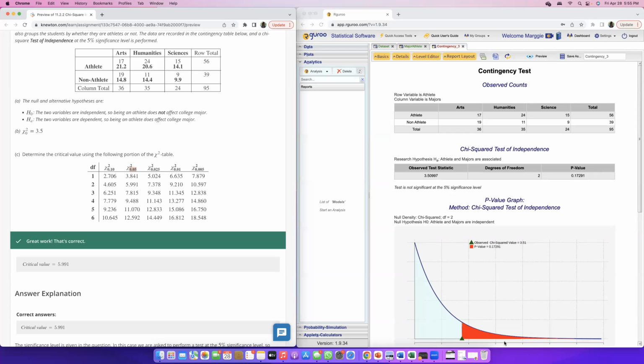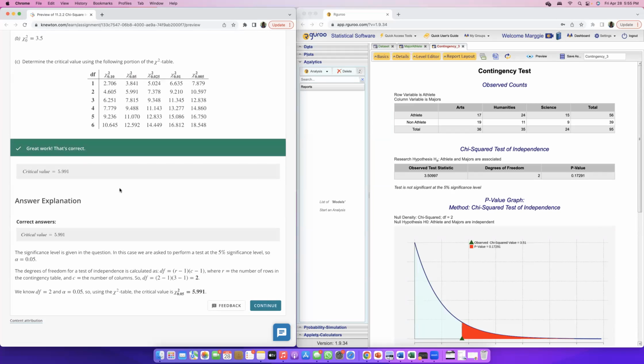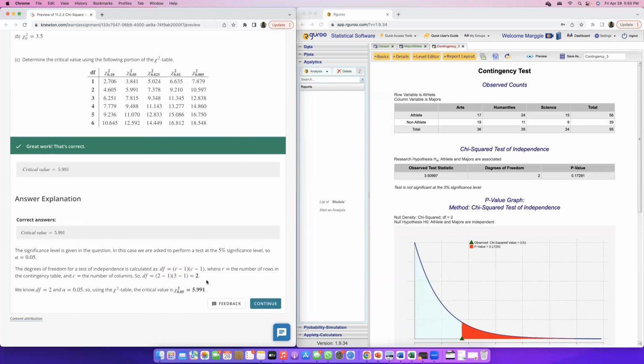The shape of the chi-square only has one tail, so we don't have to worry about dividing the alpha in two as we do with the z when we use the normal distribution, or with the t when we use the t-student distribution, for example in the hypothesis tests of means or proportions that I have shared in videos before. Right, the formula is just right here: number of rows minus 1, number of columns minus 1, and then when you do the multiplication, you get that too.